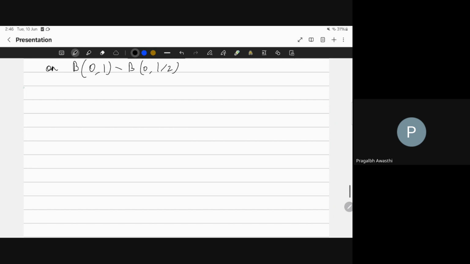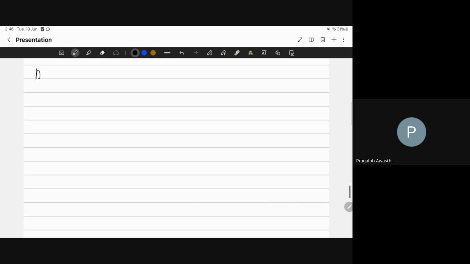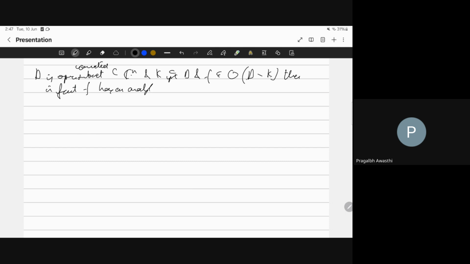And the last result that I want to state in this analytic continuation is that if D is any open connected subset of Cn, and K is a compact subset of D, and f is holomorphic on D minus K, then in fact f has an analytic continuation to D. This is a generalization of the previous two statements, and it's called the Hartogs-Osgood-Brown theorem, right?